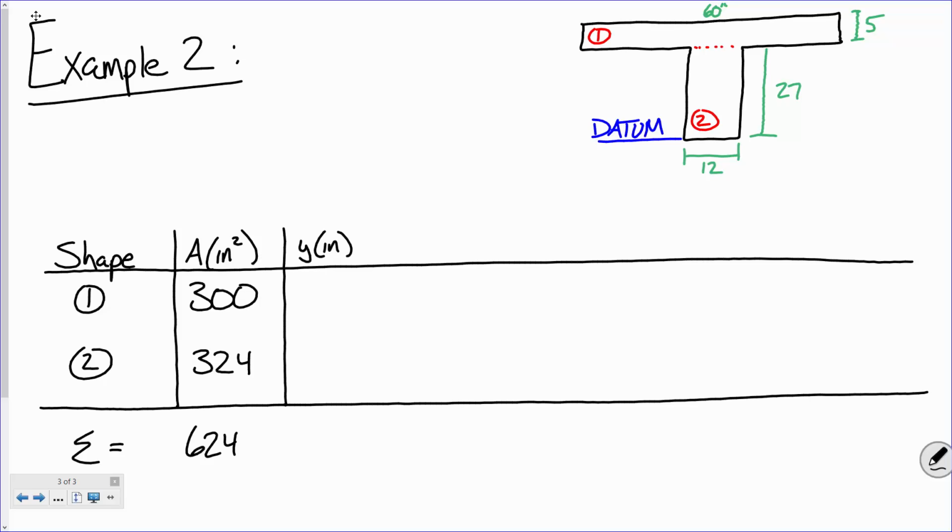So let's keep this simple. Let's start off with shape 2. I think it's easier. How far is it from the datum to the centroid of shape 2? 13.5 inches. There we go. How far is it from the datum to the centroid of shape 1? There we go, 29.5.